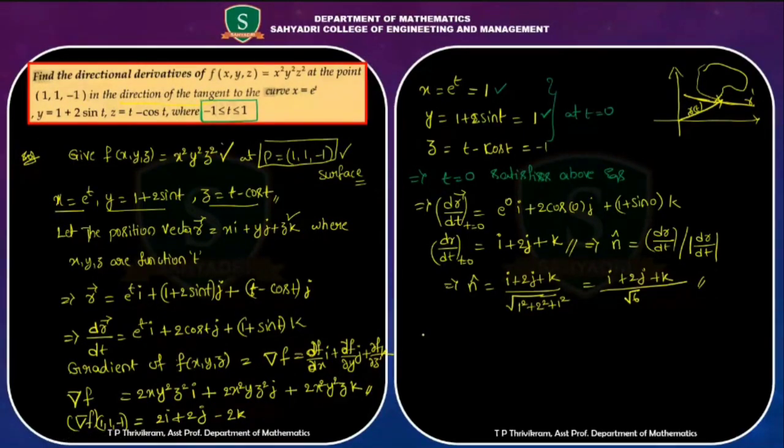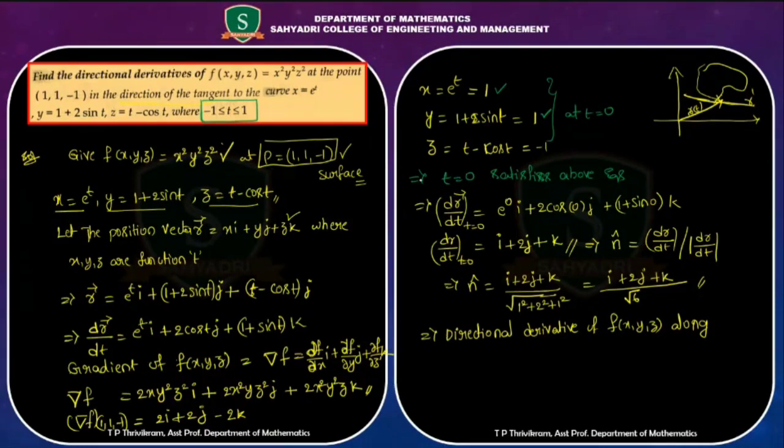So this implies the directional derivative of f(x, y, z) along dr/dt, right? That means tangent.